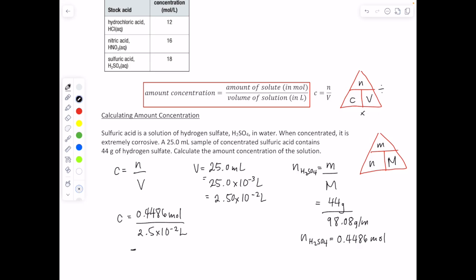Punch this into our calculator, and we get 17.9 moles per liter.